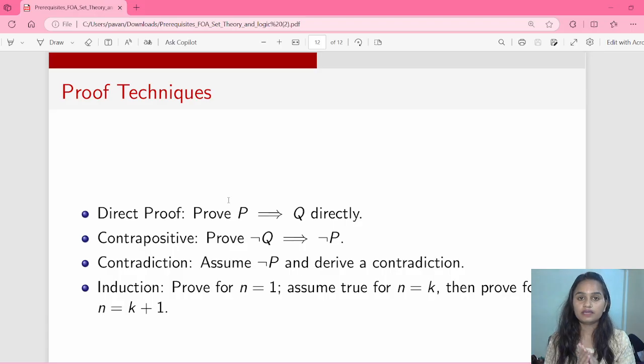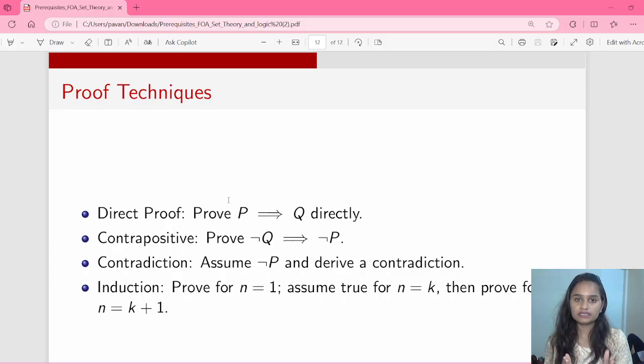The third technique is contradiction. This is really important in this course, so we will often use this technique. If we want to prove the statement P, we will assume negation P is true. Originally we wanted to prove that P is true, and we have assumed negation P is true, and then we will get some contradiction.